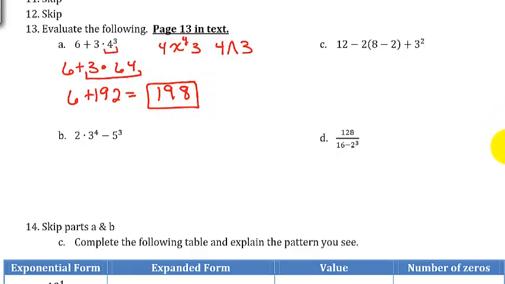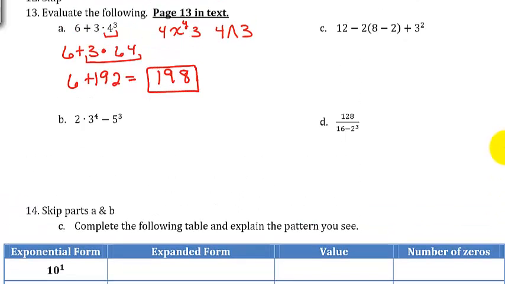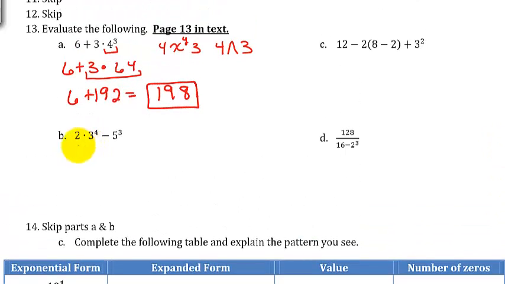Okay. And then example B. So we have two exponents here that we need to take care of, and they're separated by subtraction, and so you can do them one line at a time, or you could do them at the same time if you want. So we have 2 times 3 to the 4th is 81, so that's 3 times 3 times 3 times 3, 4 of them.